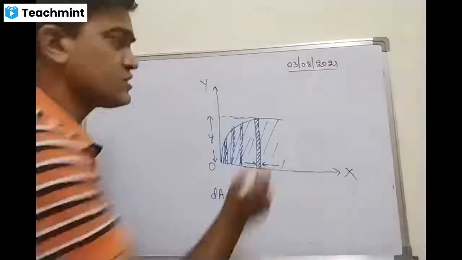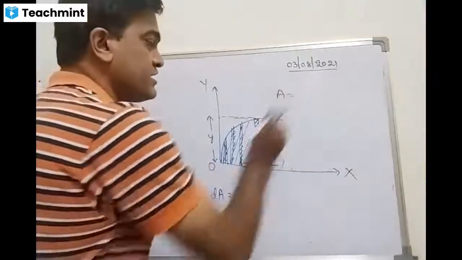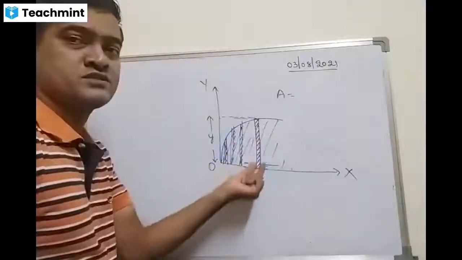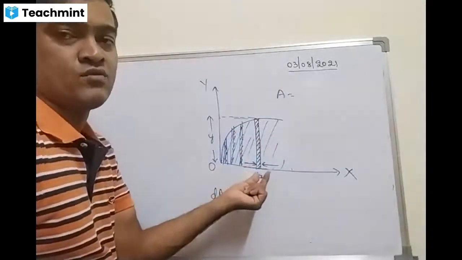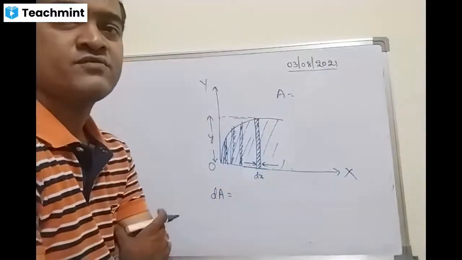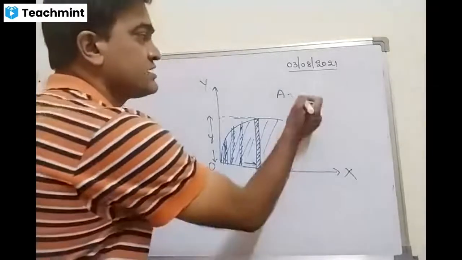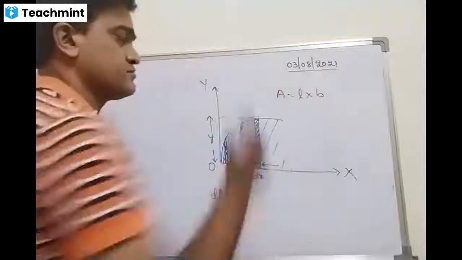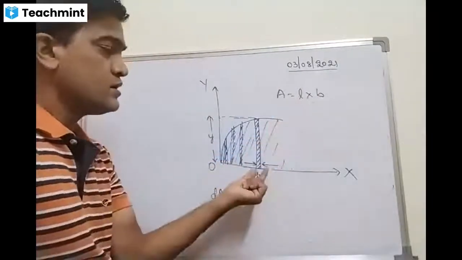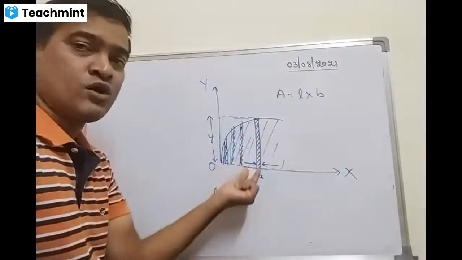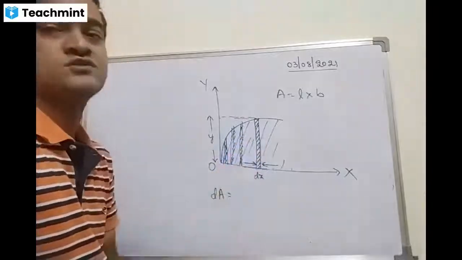Now, what is the general formula? If you look at this strip, it is in the form of a rectangle. The area of a rectangle is nothing but length into breadth. I will use this formula to determine the small elemental area of this strip.